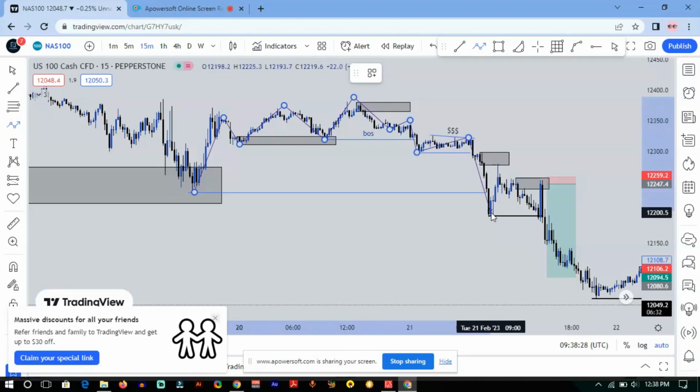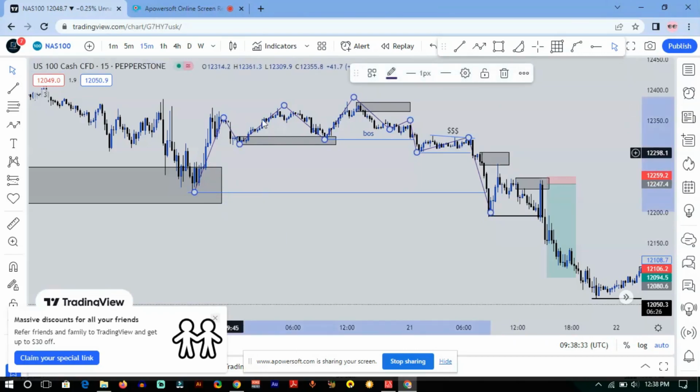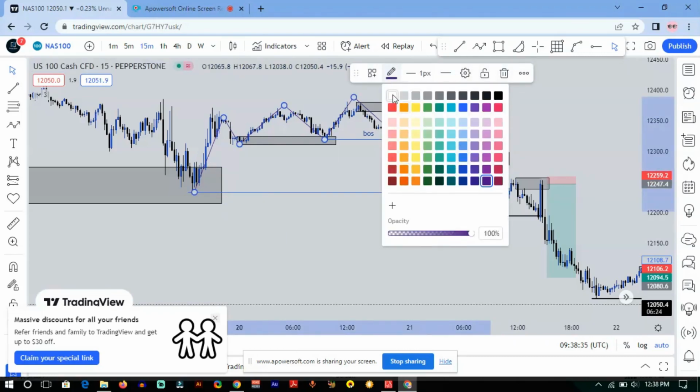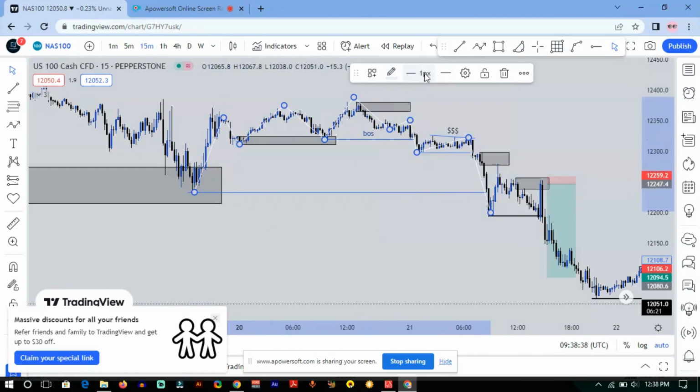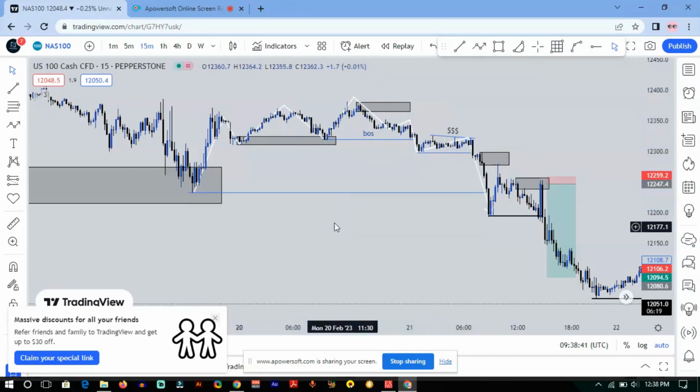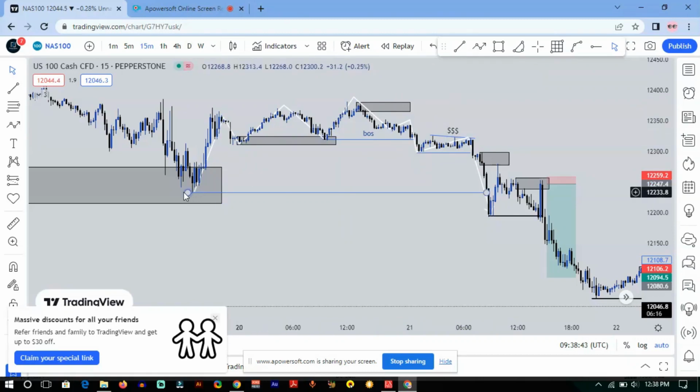In the movement back down, we can start to determine where, wait, let me change the color here to white so that it's visible, and let me make it 2 pixels. As we get a reversal, we can determine this space as our take profit point, or when we get a reversal, it can help us determine this one to be our trading range, from this point to this point. So when you get a reversal, then we can start trading from that point.